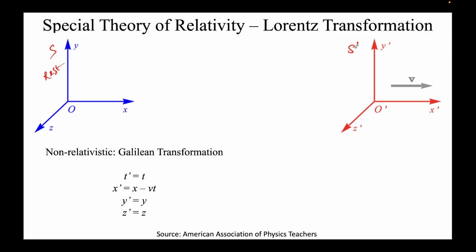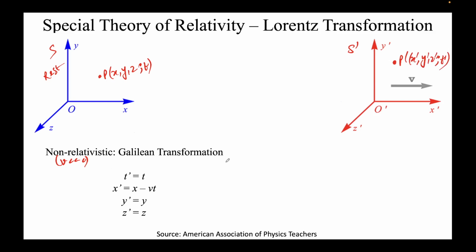So let's say if your v is not relativistic, this means v is much less than c, then we are used to seeing this kind of transformation, right? Time does not change, and x prime will be simply x minus vt. So there is a particle P here with coordinates x, y, z, and t. Similarly, this event will be P prime, x prime, y prime, z prime, and t prime. We have seen that, right?